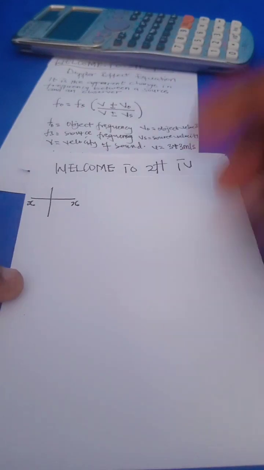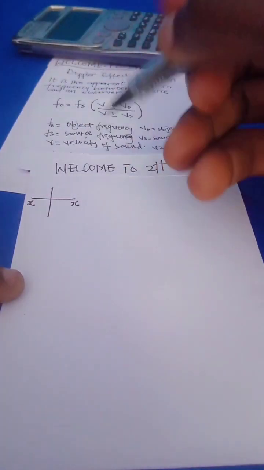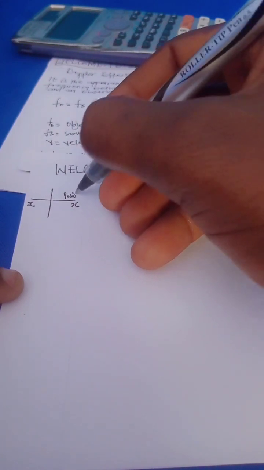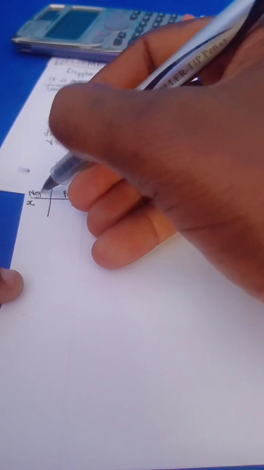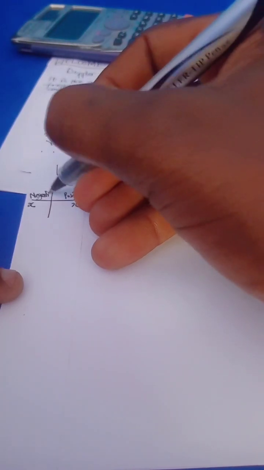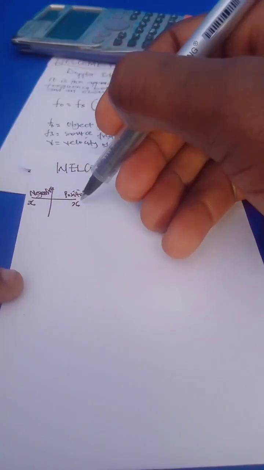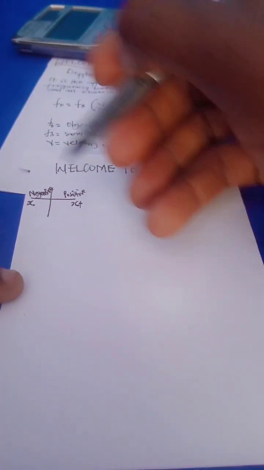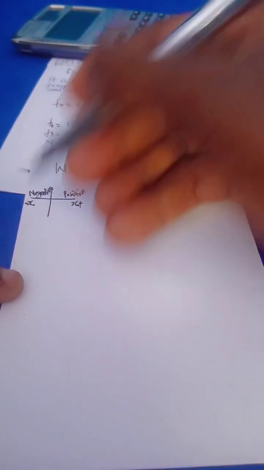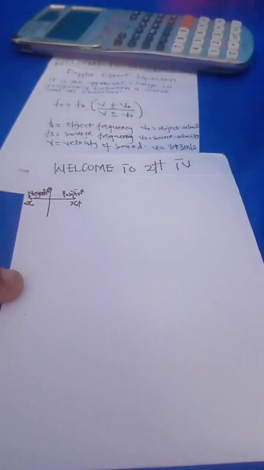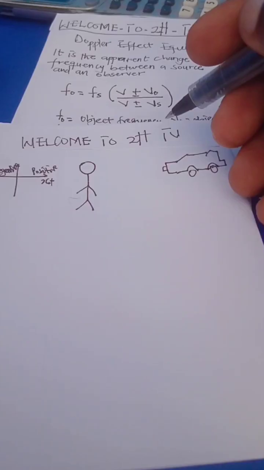We know that this place represents the positive x-axis, whilst here is the negative x-axis. So take note, we have the positive x-axis, which is moving in this direction. Then we have the negative x-axis. Okay, so with this, let's look at how we will identify whether we are adding or subtracting.